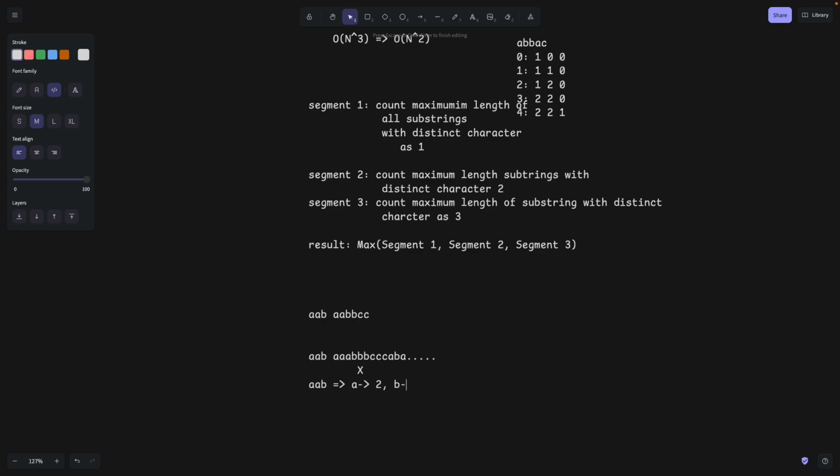Then for B we have count as 1, and for C we have count as 0.